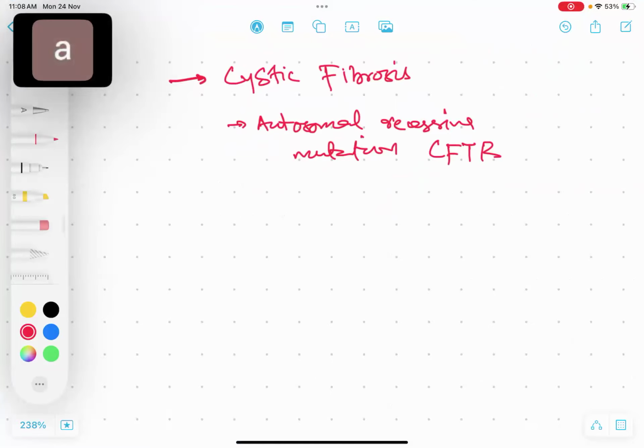All right. So in different glands we have this CFTR channel, which regulates the chloride channel, right?